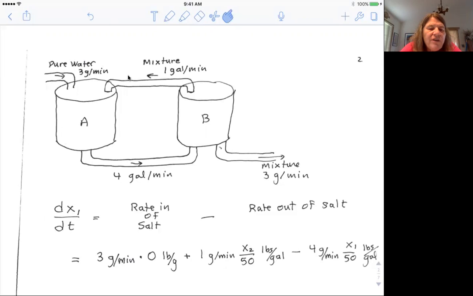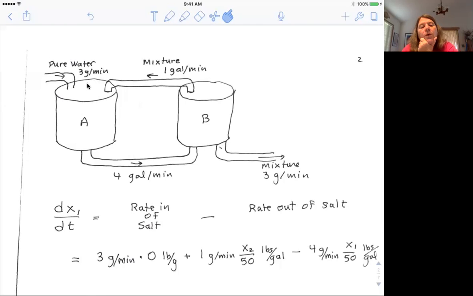If you look at the total system, how much liquid is coming into A at any time? Look at the things that are pointed towards A. Look at the whole system and tell me how much is coming into A at any time, guys. 4. You got that 3 right there and that 1 right there.